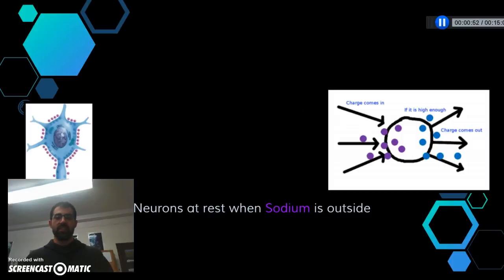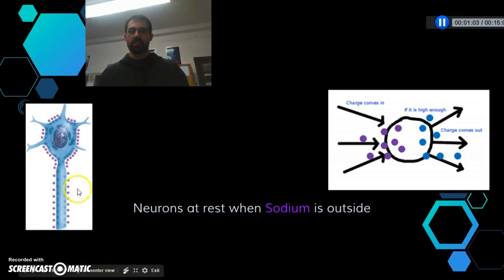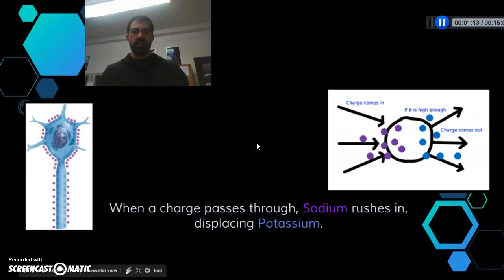The signals are passed along by what's called action potentials. So neurons at rest means it's not signaling, and it has sodium ions, these purple dots, on the outside. When a charge comes along and the action potential is activated, the sodium rushes in. This displaces the potassium, and this is actually what causes the electric signal to pass through.